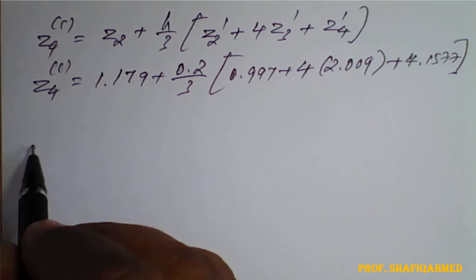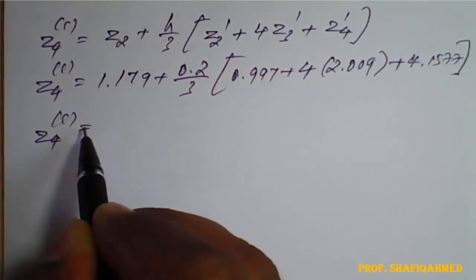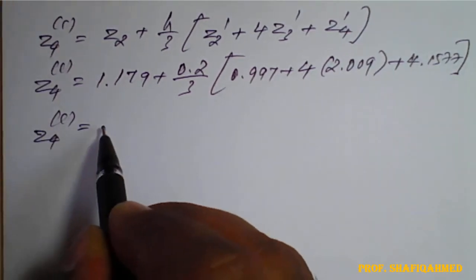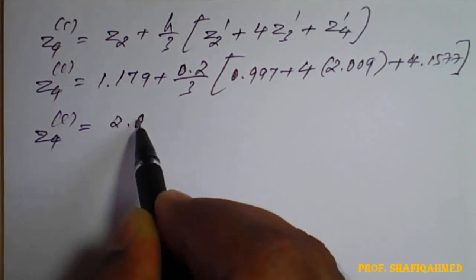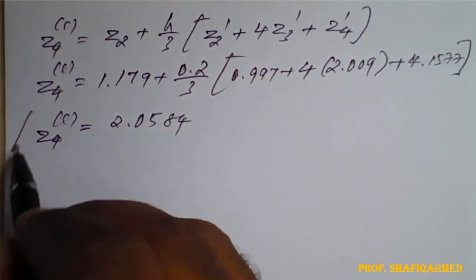So if you simplify this, z4 of c will be 2.0584.